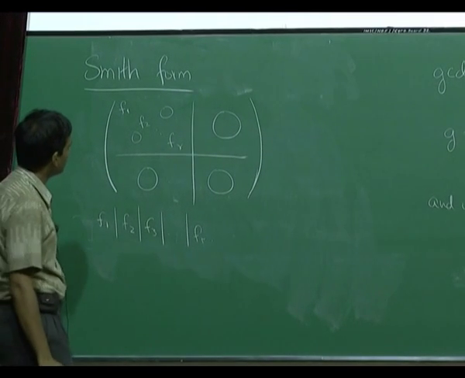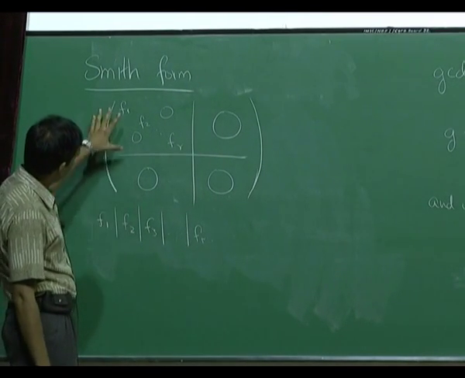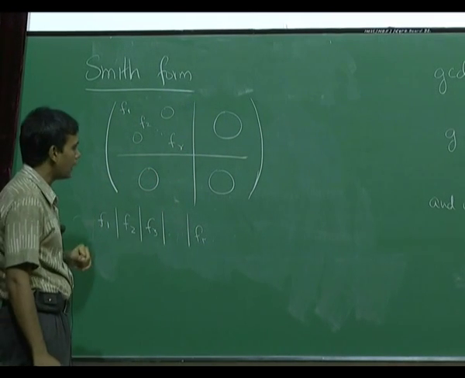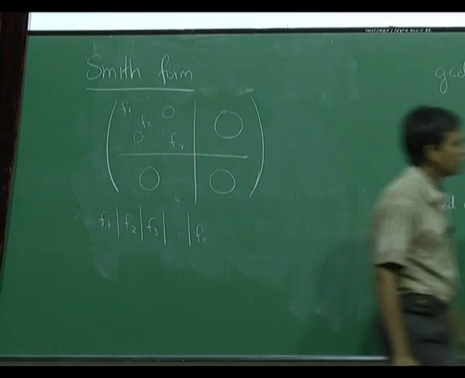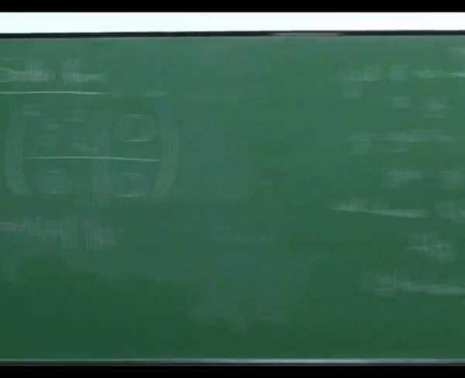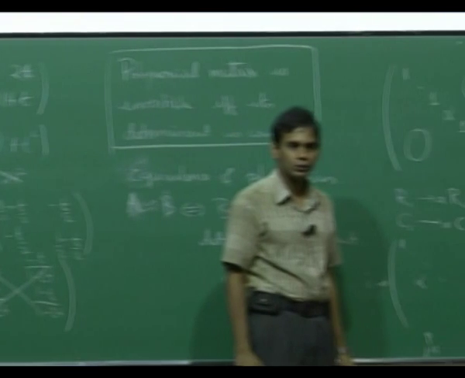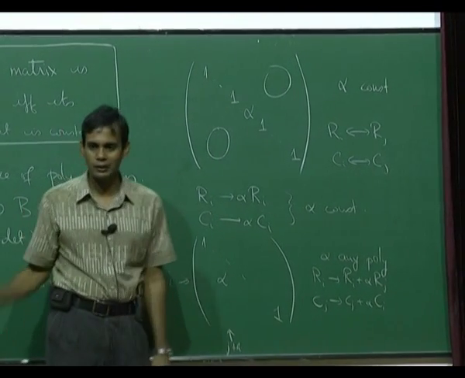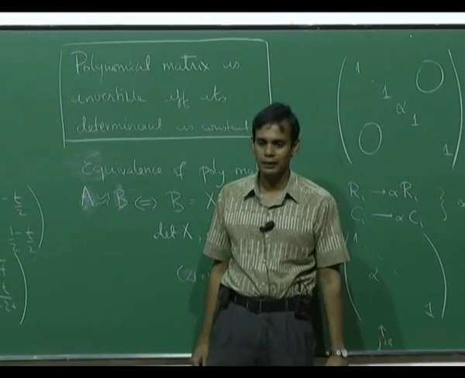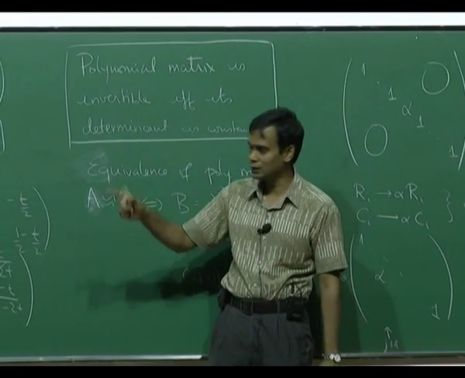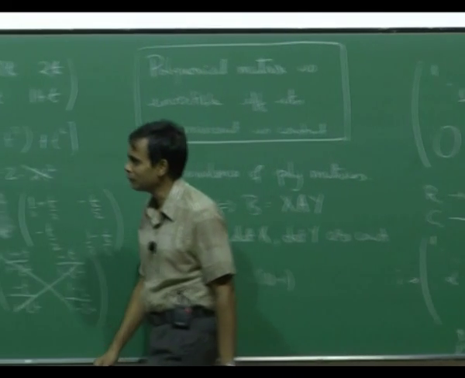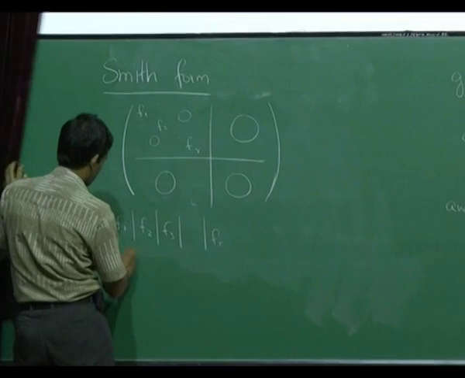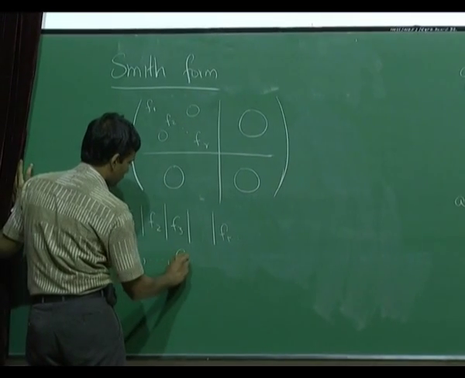So, a Smith canonical form is a matrix which is of this shape. And what I am going to show you is that using these row and column operations, any polynomial matrix can be reduced to Smith canonical form. And we will also see that the Smith canonical form is a unique one. That means no two of these different Smith canonical forms can be the same. I also want to assume that these polynomials are monic because of this.